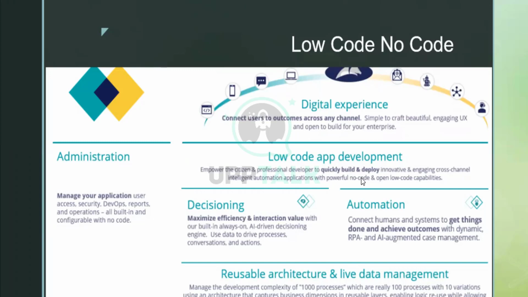Next, in development, traditional technology developers need in-depth knowledge of a specific technology, like Java, C, or Python, in order to develop something. But Pega is low code app development, so 95% of requirements don't need coding. Everything is already in place.